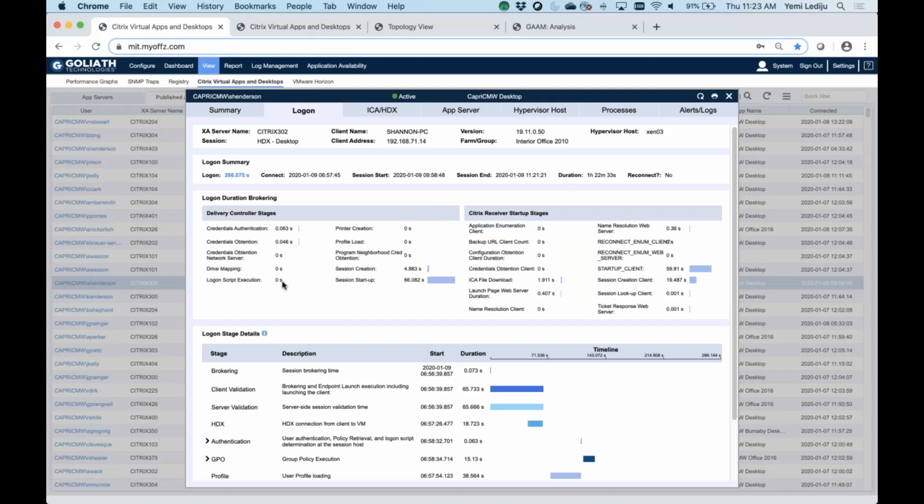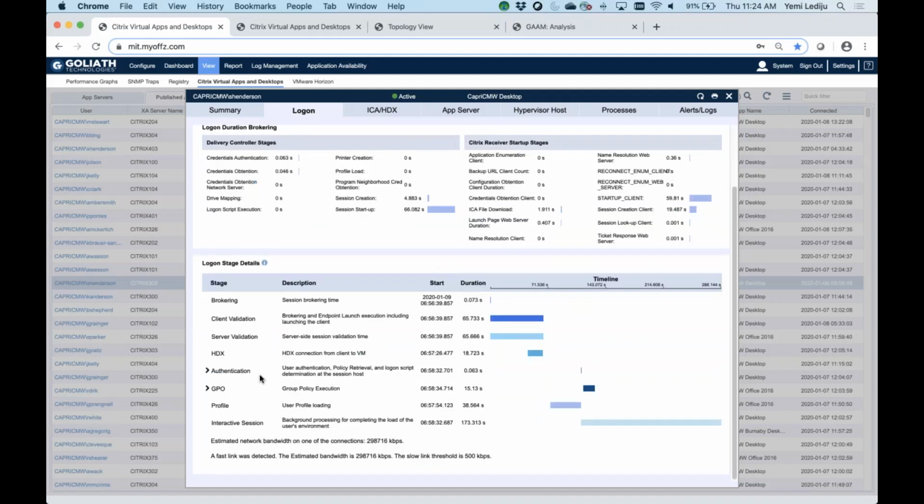It was here that they were able to identify a lot of time in the drive mapping stages at the delivery controller, and drilling further down in this bottom section, they were able to take a closer look at what's actually causing those problems.